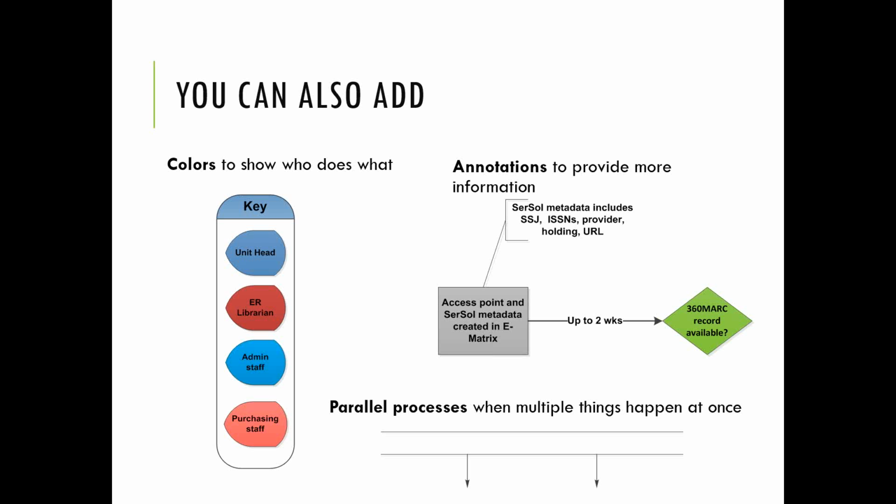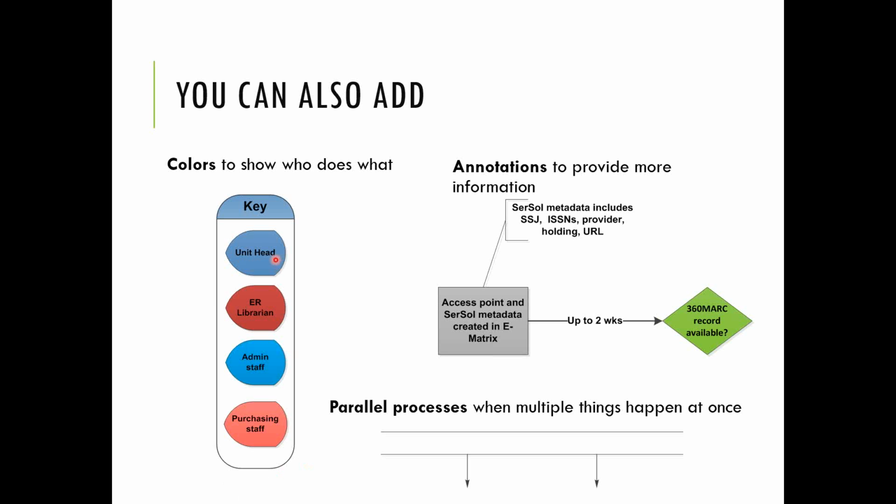And then these are a couple other symbols that I have found really useful. One is creating a color code to show who does what, and this can be really helpful if you're trying to do some analysis of handoff points and getting a sense of how many people are involved in a workflow, because that's something that I think can lead to inefficiencies: when you have a workflow where you have a ton of people involved and you're constantly trying to hand things off from one person to the next.